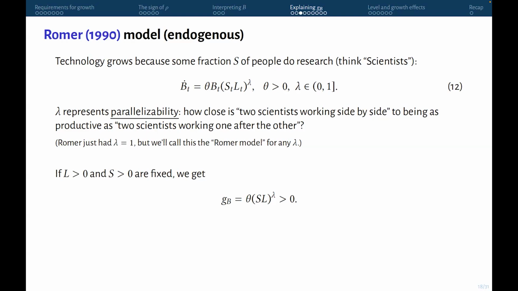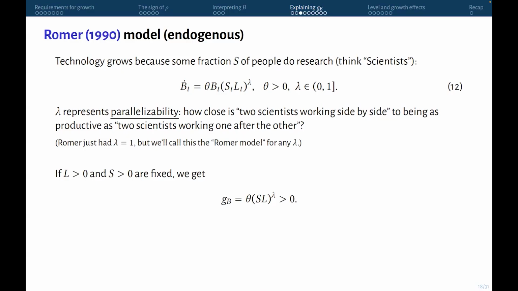So you have a fixed population, say 10% of them are researchers, and they sustain this exponential process, right? Because they're getting more productive as they're going along.